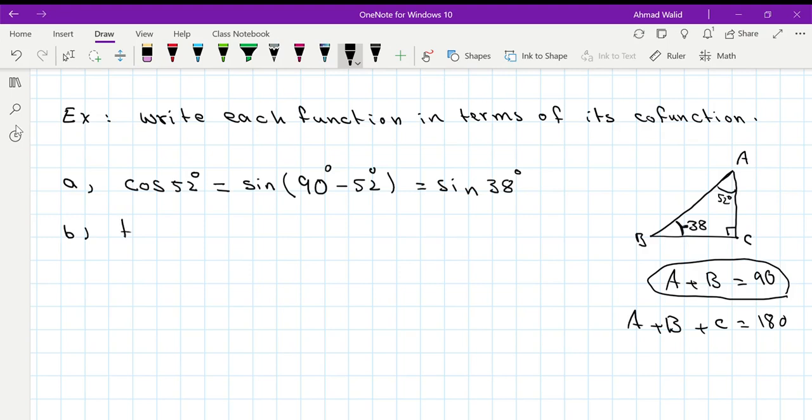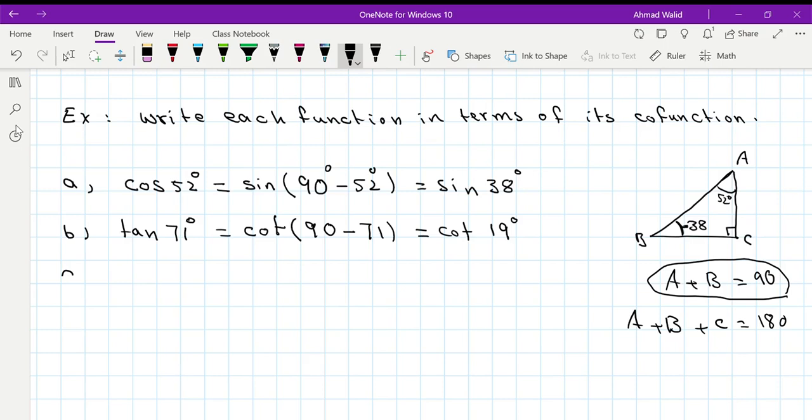Part B. Tangent of 71 degrees. What is the cofunction of tangent? Cotangent. Here, 90 minus what? 71. Because we want to find the other angle, correct? Then cotangent of how much? 19 degrees.